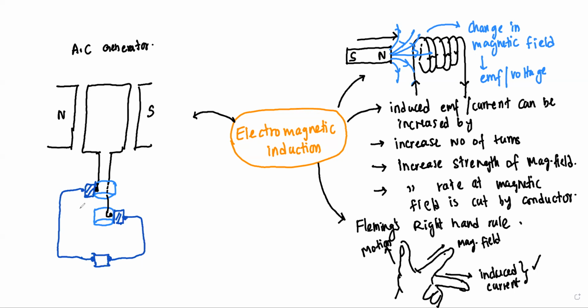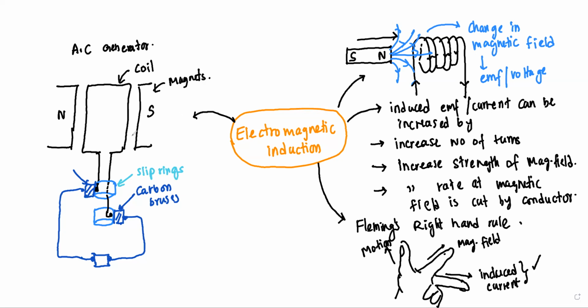Otherwise, this can simply be some output circuit that we need to work with. So these are the parts. We have carbon brushes, and then we have slip rings, and then there is a coil here. Usually this has many turns, and then there are magnets or magnetic poles.